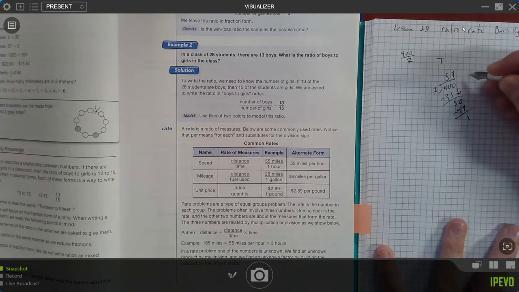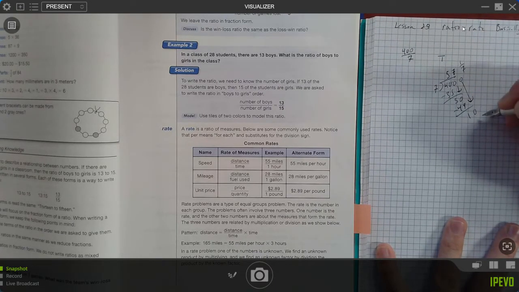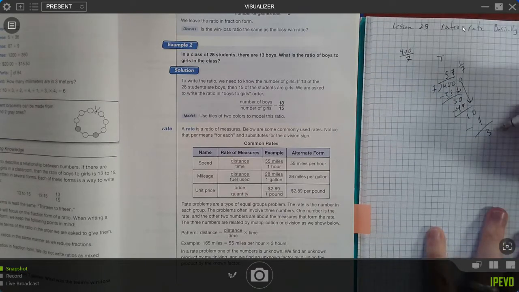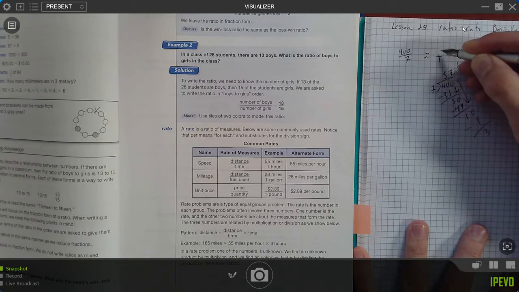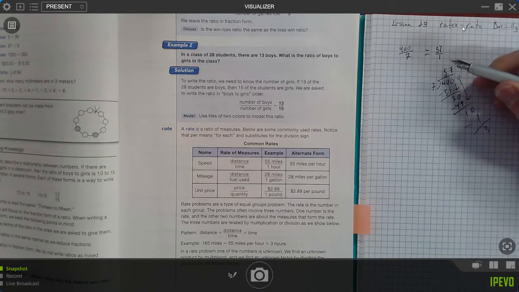I could either leave that remainder as 1/7, or I can bring down a 0 and go through it that way. I think it'll just go on for a while, so I'm just going to leave it at 1/7. So my rate for this particular example is roughly 57 over 1, or 57 miles per hour. That's the average speed I'm going if it takes me 7 hours to get to Boise, Idaho.